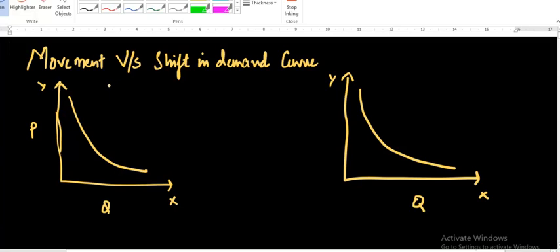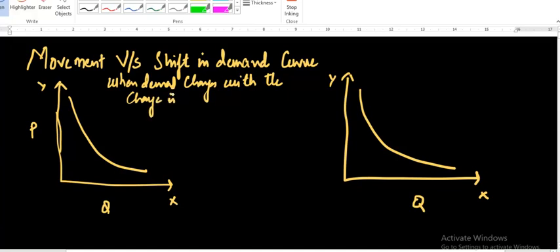Movement means that demand changes with the change in price, other factors remaining constant.